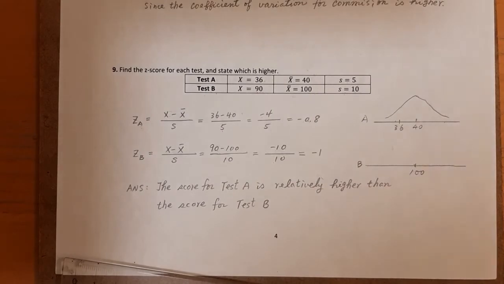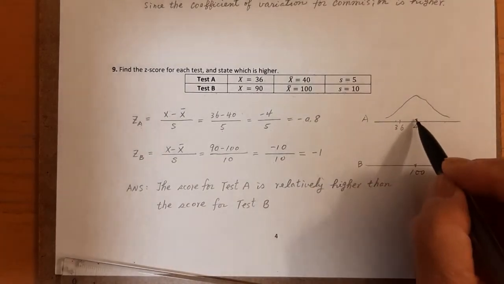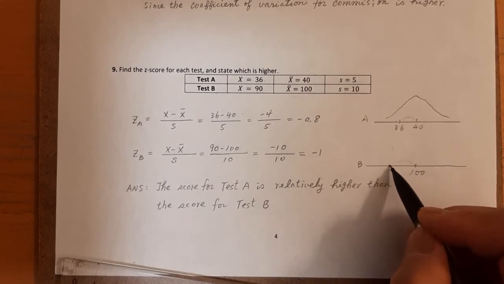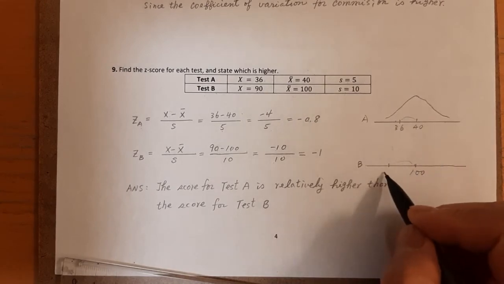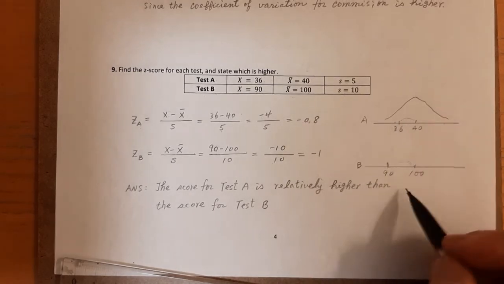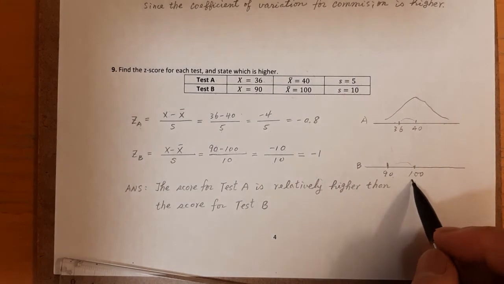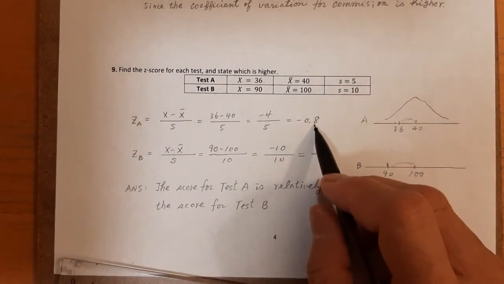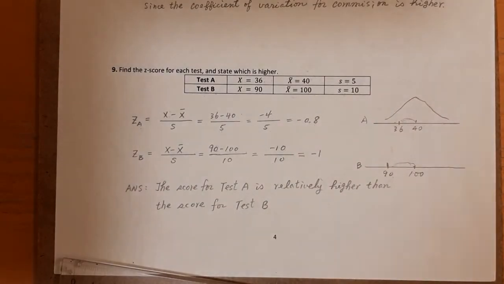This is 1 standard deviation below the mean. So this far away from the mean is 1 standard deviation, and this far away from the mean is 0.8 standard deviation.